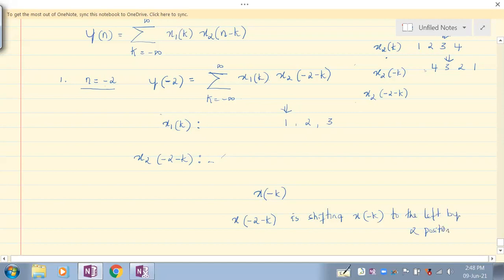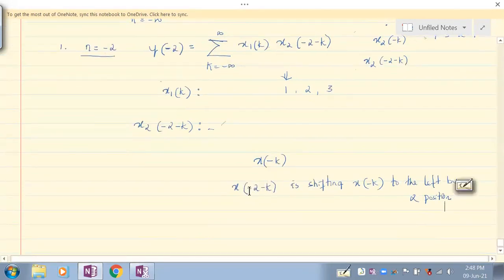We are not looking at x of k, but at x of minus k. That's why x of minus 2 minus k will have x of minus k being shifted to the left. I'm not asking you x of k minus 2. This is to the right: this is shifting x of k to the right by 2 positions. X of k plus 2 is shifting x of k to the left by 2 positions.